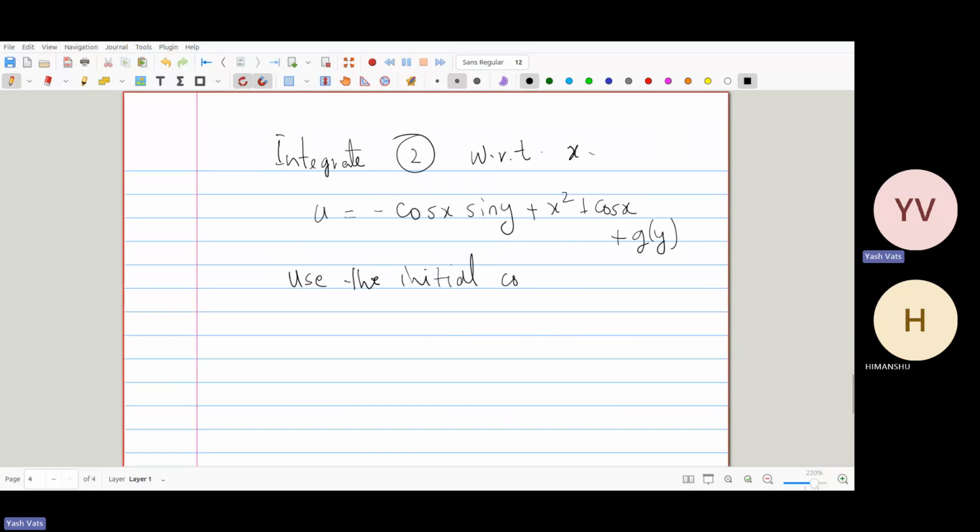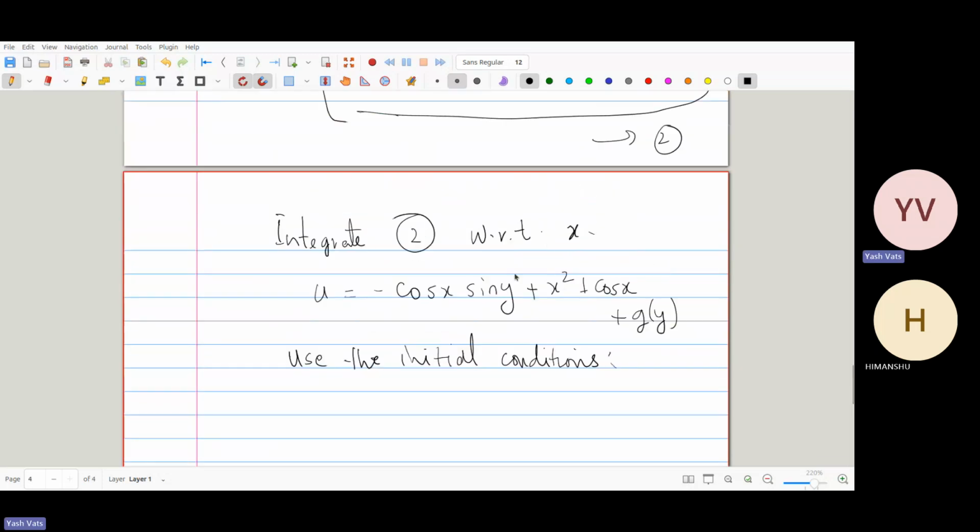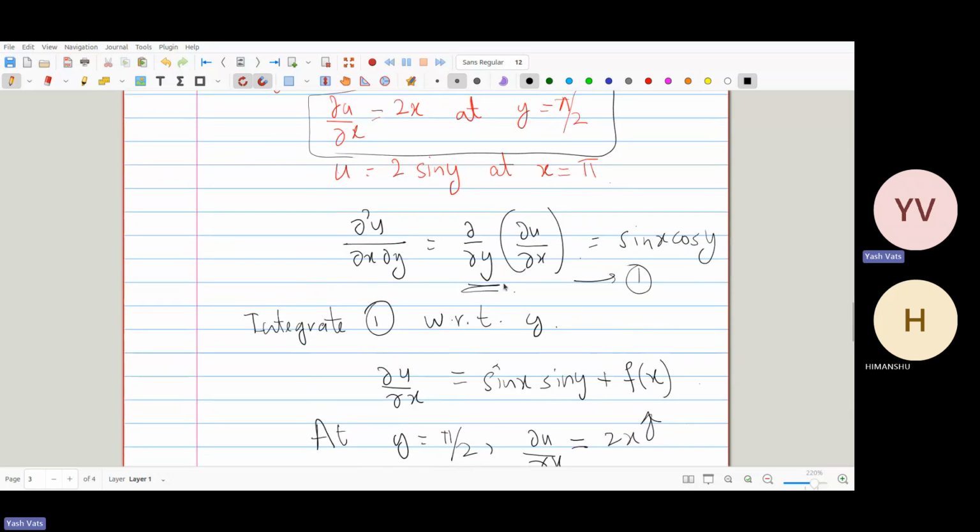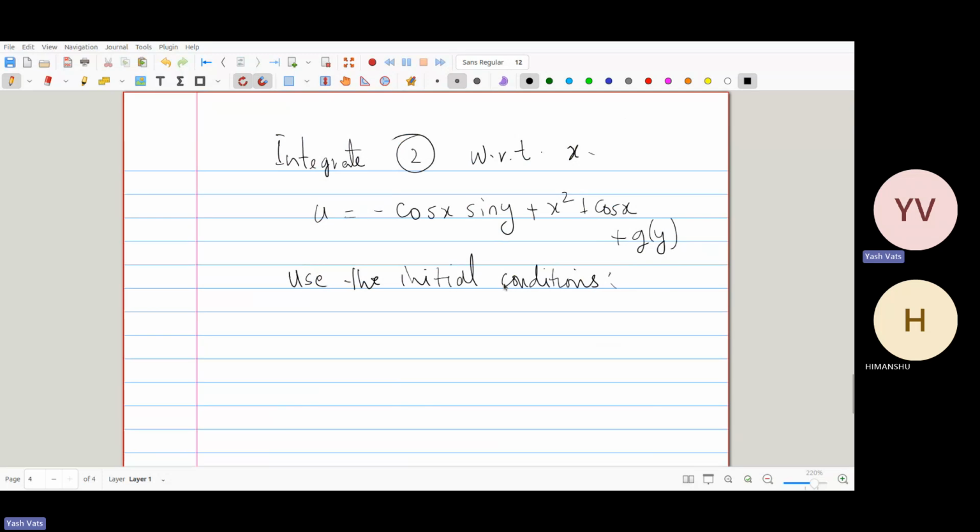There are initial conditions again. So what are these initial conditions now? That is u equals 2 sine y at x equal pi. So we substitute at x equal pi, u is 2 sine y.